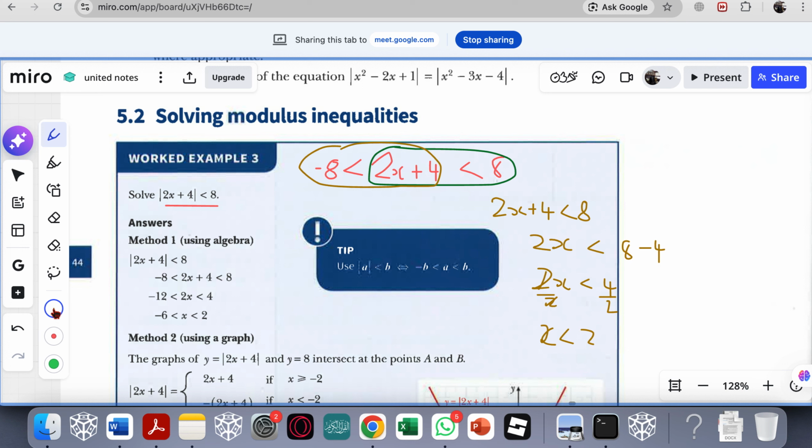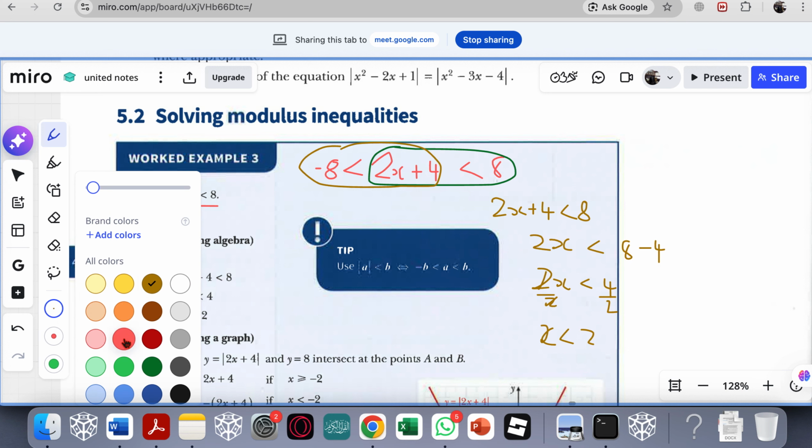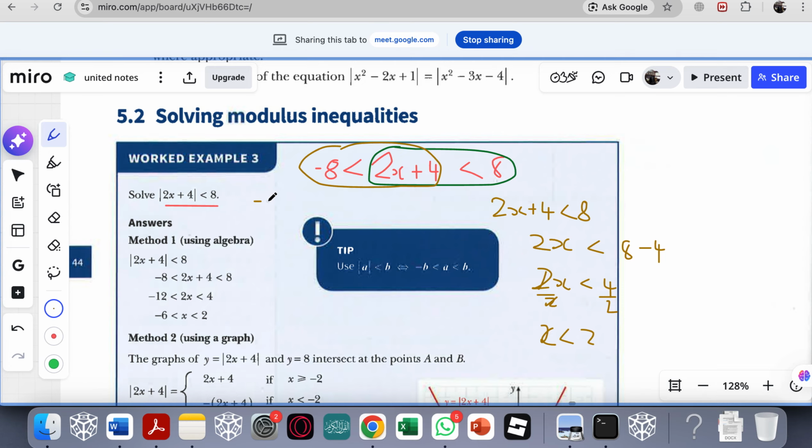Now let's solve the one on the left. To solve the one on the left, you say minus 8 is less than 2x plus 4. You can solve both of them together simultaneously.